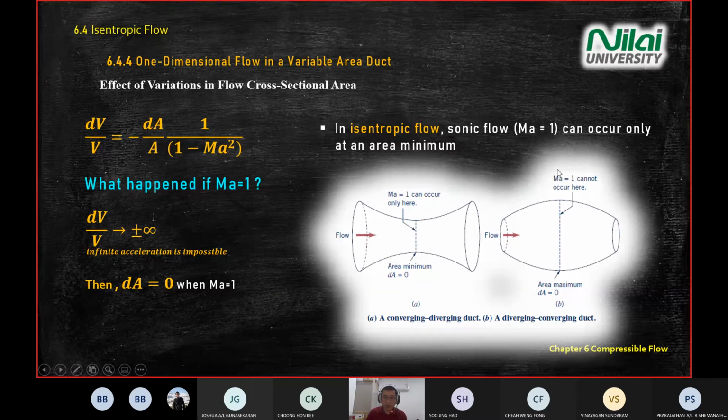Supersonic flow, sonic flow, Mach number 1 cannot happen here, because the speed will slow down if you have a diverging duct here. So you come in with subsonic flow, which means Mach number less than 1 on the left hand side. You go inside there, and you will slow down.